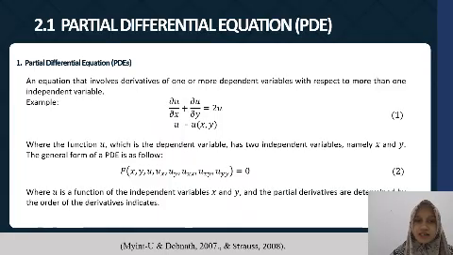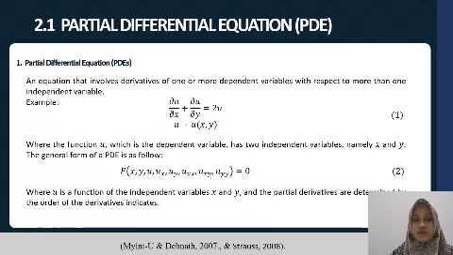The next is partial differential equations, an equation that involves derivatives of one or more dependent variables with respect to more than one independent variable. For example, we can see in the first equation where the function u, which is the dependent variable, has two independent variables, namely x and y.